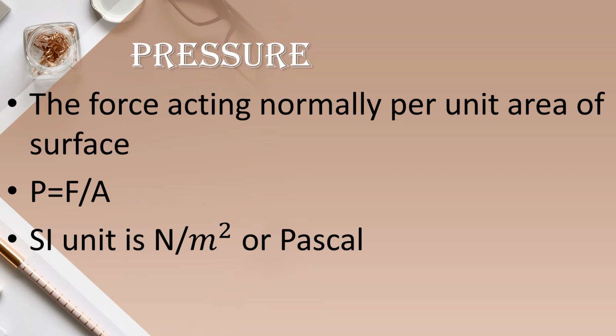Children, we have learnt about some examples of pressure. So what is meant by pressure? Pressure is the force acting normally per unit area of a surface. Simply we can say force upon area. So pressure equals force upon area.